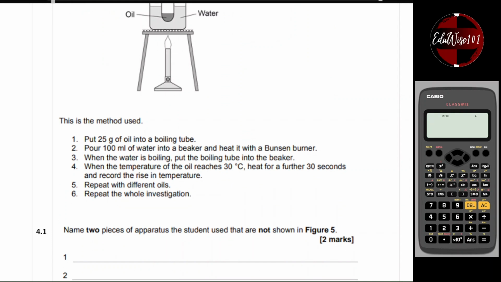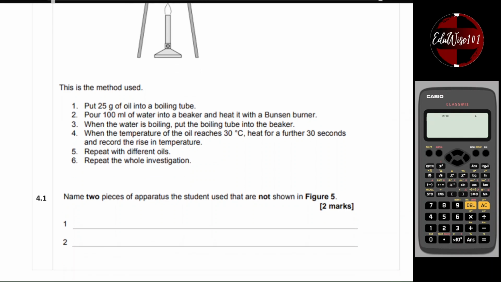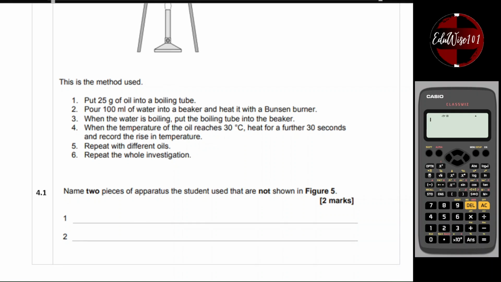Put 25 grams of oil in a boiling tube, pour 100 ml of water into a beaker and heat it with a Bunsen burner. When the water is boiling, put the boiling tube into the beaker. When the temperature of the oil reaches 30, heat for a further 30 seconds and record the rise in temperature. Repeat with different oils. Repeat the whole investigation. Question 4.1.